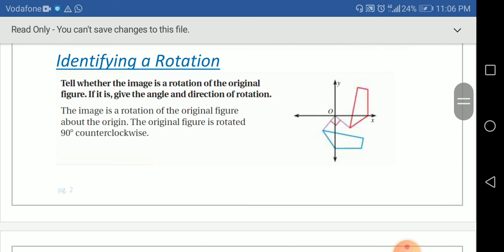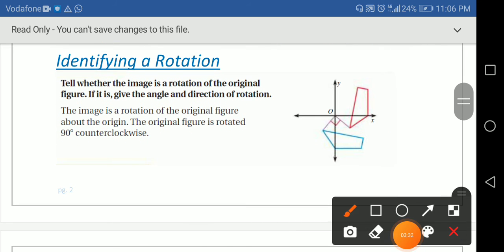In this example, it asks me to tell whether this image is a transformation, exactly a rotation, of the original figure or not. If it is, give an angle and direction of rotation.